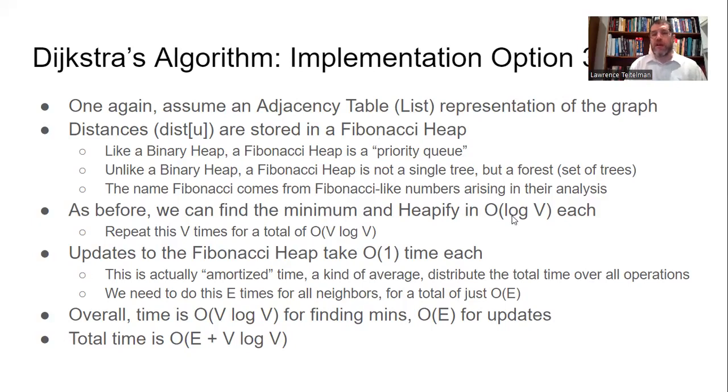It will still take us log V to heapify, but the updates to the Fibonacci heap are constant time, or what we call amortized time, which means not how much any given operation is going to take, but if we look at all the work overall, it comes out to almost a kind of average of order 1.